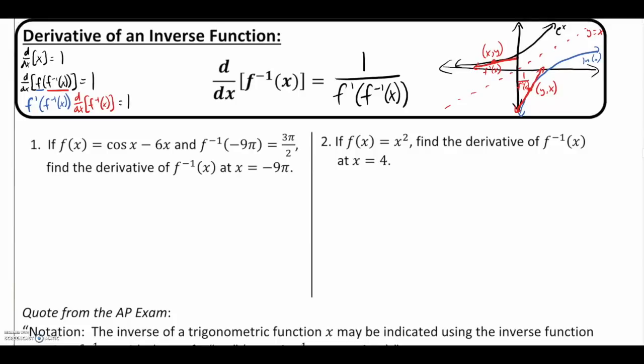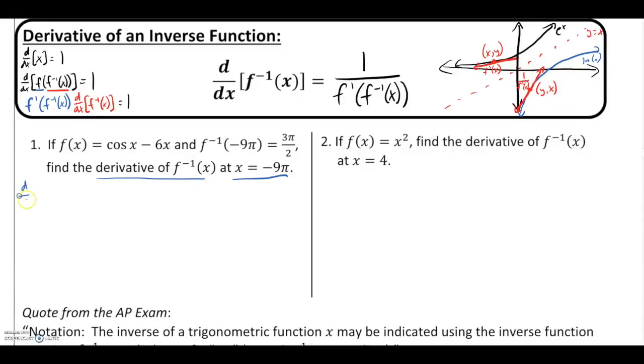And so let's zoom back out and take a look at the first two problems we see right below this box. So if f of x equals cosine of x minus 6x, and I'm even going to define my inverse function at negative 9 pi to equal 3 pi over 2. I want to find the derivative of the inverse of my function at x equals negative 9 pi.